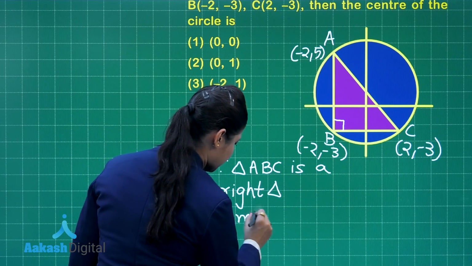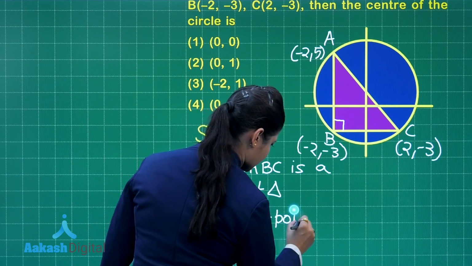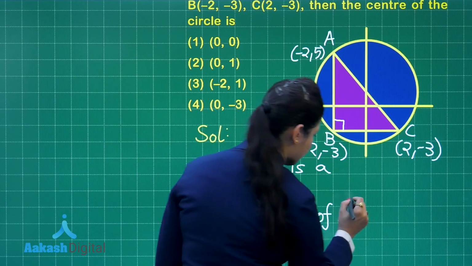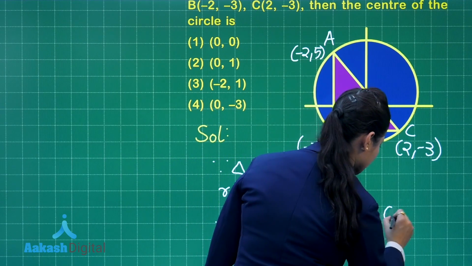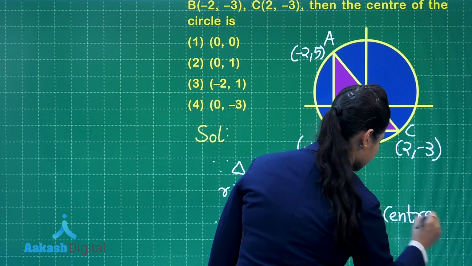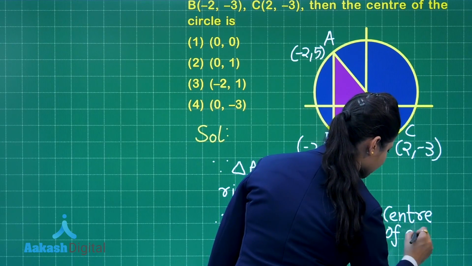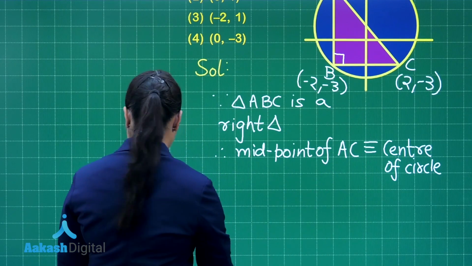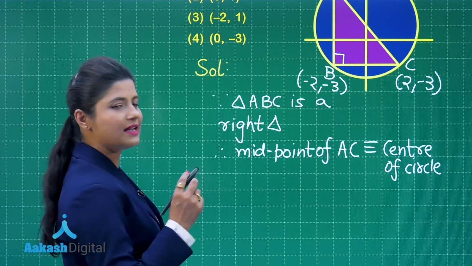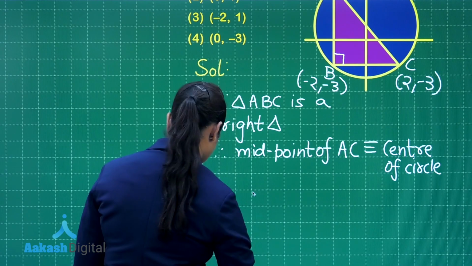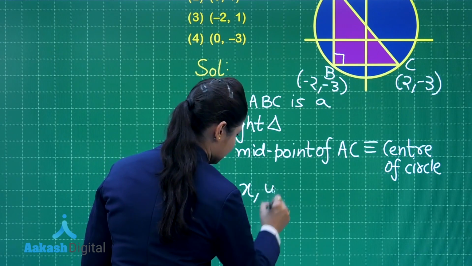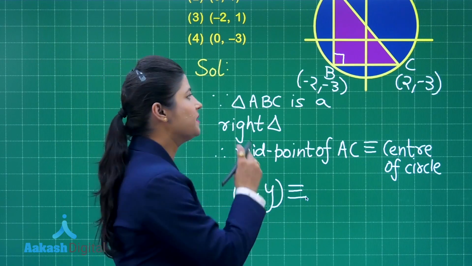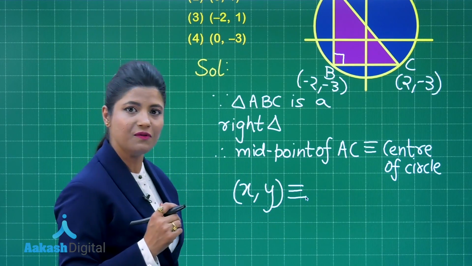Therefore, the midpoint of AC, that is the hypotenuse of the triangle, will be equal to the center of the circle. Taking that into consideration, I can easily get the midpoint if I consider the center has the coordinates x, y. Then this will be equal to the midpoint of AC, which is the average of the x coordinates and the average of the y coordinates.